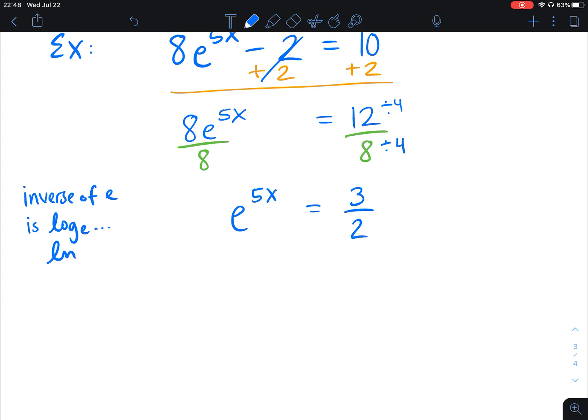So what we're able to do here is introduce the ln on both sides pretty much in the same way that in this x squared equals 9 equation that I just brought up a moment ago. Remember how we would have square rooted both sides? So similarly, in this problem, I'm going to introduce ln on both sides.